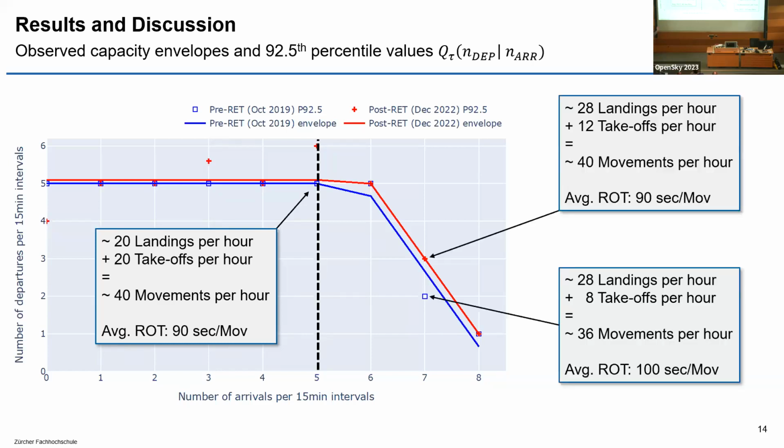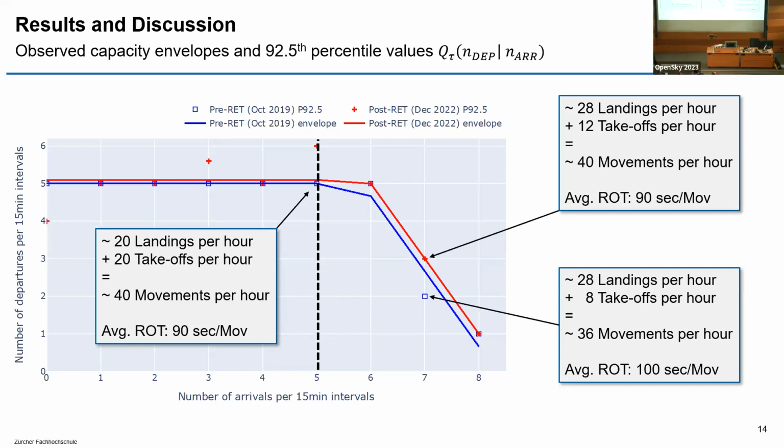And then if you move to the right and look at the situation where the airport is frequented by a high number of landings, we see that pre-RET, we have 28 landings and 8 takeoffs per hour, meaning 36 movements, and an average runway occupancy time of 100 seconds.